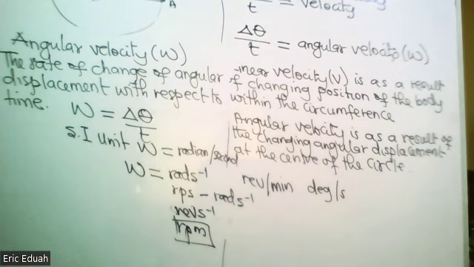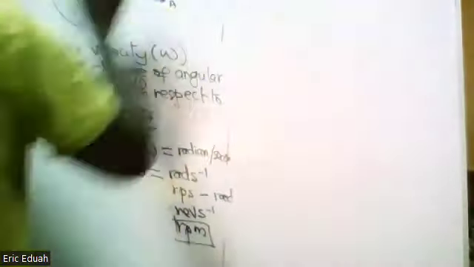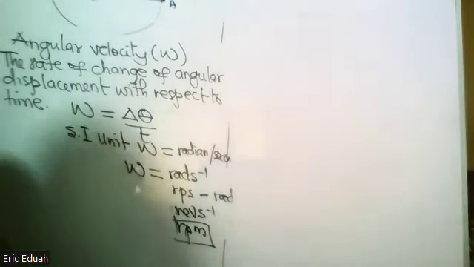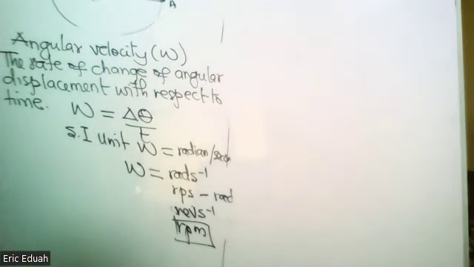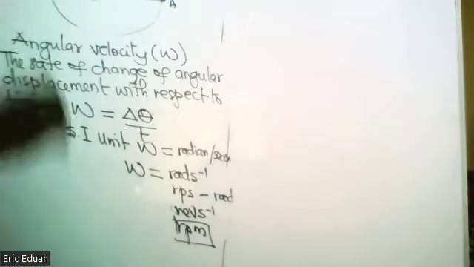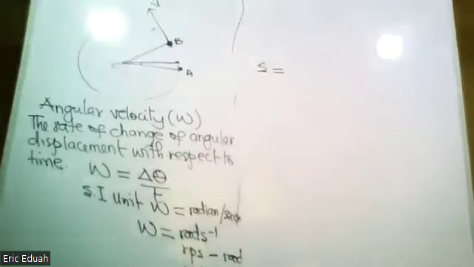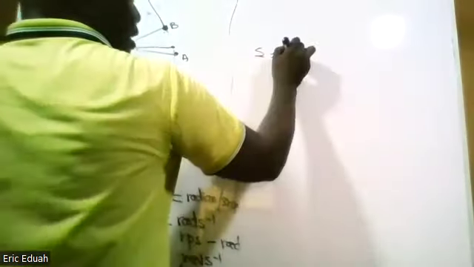All right. So that is it with angular velocity. Now, if you recall, I gave you the relationship between linear displacement and angular displacement. Linear displacement, which is S, is equal to r theta, and r is the constant.